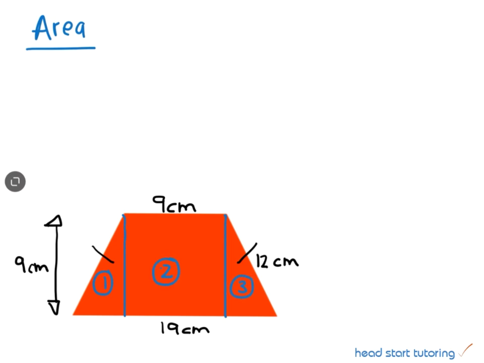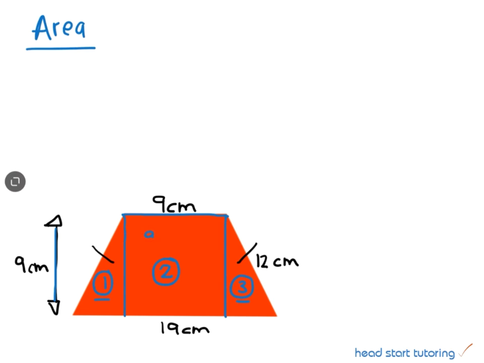These two triangles, 1 and 3, are equal to each other, and shape number 2 is a square because our height over here is 9 centimeters and our length there is 9 centimeters as well.